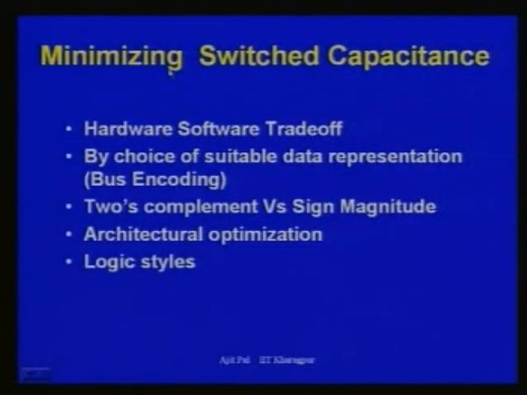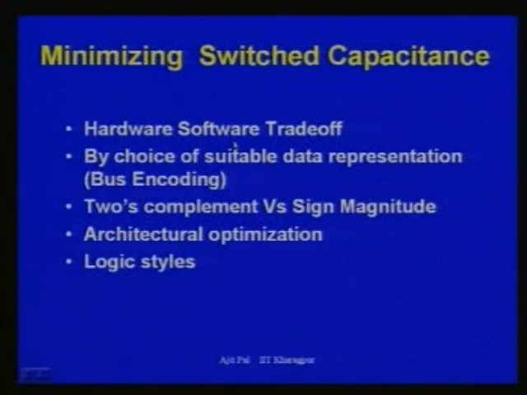So, we have discussed several techniques for voltage scaling. Some of them are static in nature, some of them are dynamic in nature, and by which you can reduce the power dissipation. Now, we shall consider some techniques by which the switched capacitance can be minimized. Switched capacitance means the area can be reduced as well as the switching activity can be reduced. Some of the techniques are listed here.